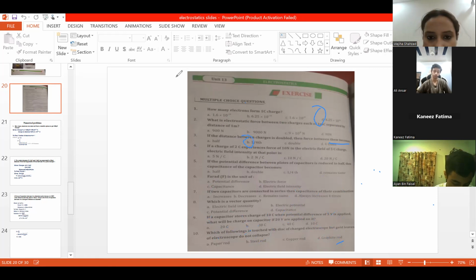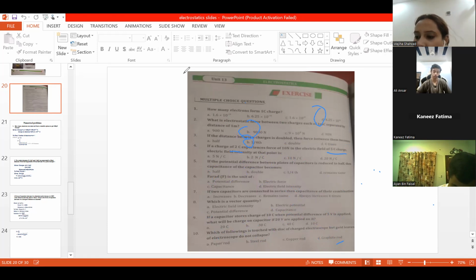For B part, the answer is this, right? Now, the fourth is, if a charge of 2 coulomb experiences a force of 10 Newton in the electric field of 5 coulomb charge, the electric intensity at that point is.